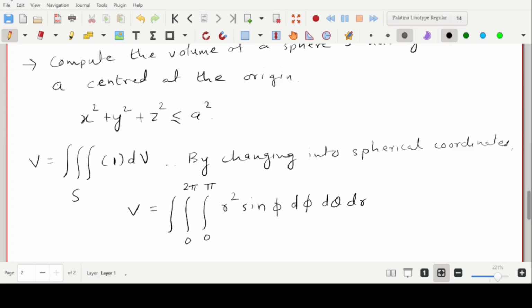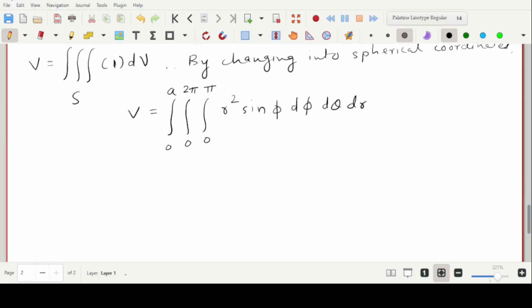So these are all the points that are at a distance from 0 to a. The collection of all such points, therefore r will vary from 0 to a. That will cover the whole sphere. So whenever we are integrating over spherical regions, converting into spherical coordinates comes in very handy. In fact, that is why we make this change of coordinates. Here we are integrating over a spherical region, and therefore we change into spherical coordinates.